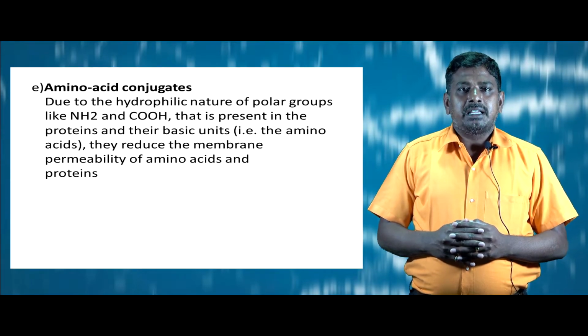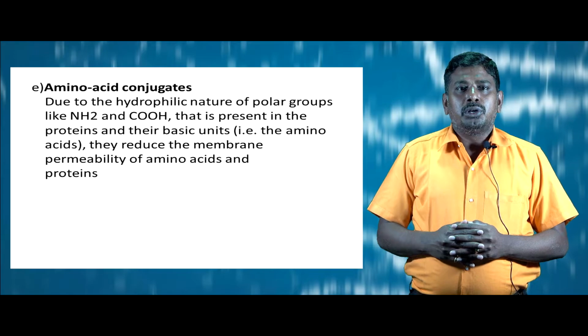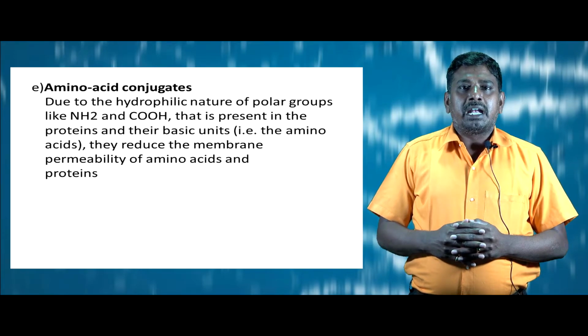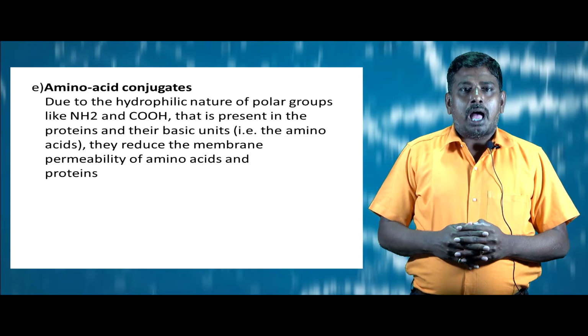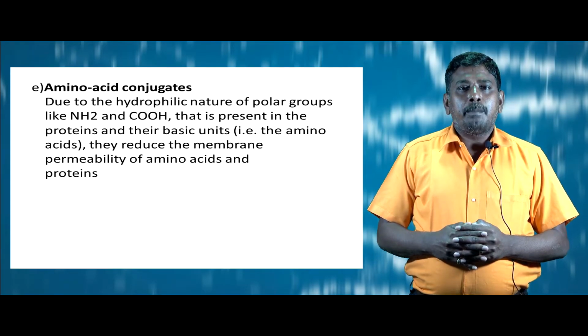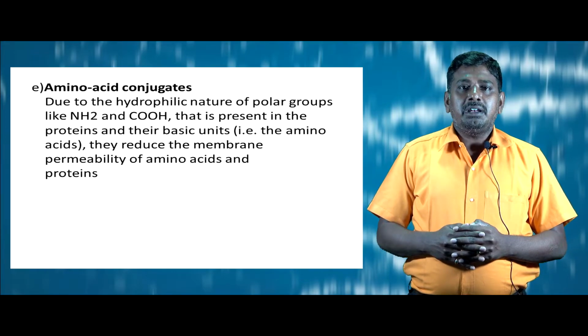COOH is an acid, NH2 is an amino radical; these are present in proteins, and the basic units are called amino acids. They reduce the membrane permeability of the amino acids and protein molecules.